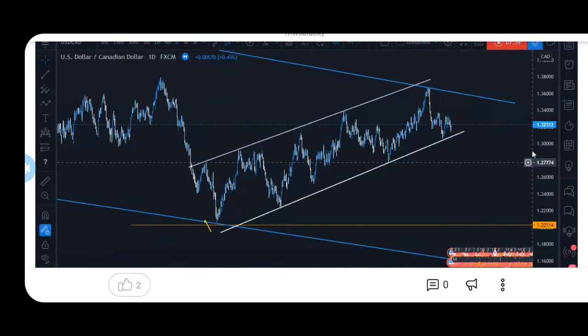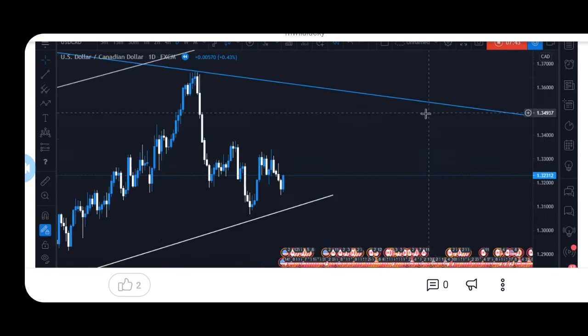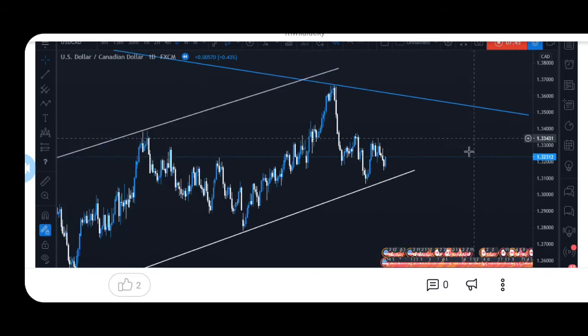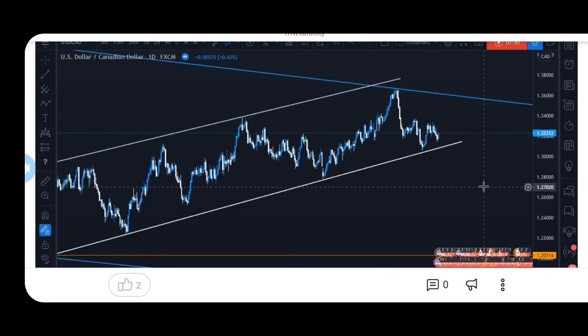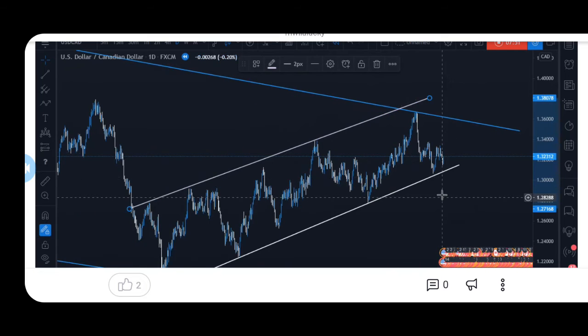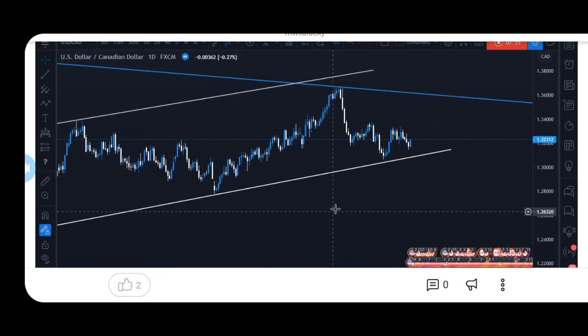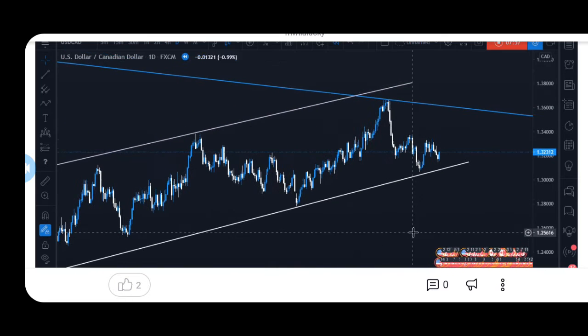Okay, so right now, if I zoom in, already I'm spotting something here. This is very good. I'm spotting something here, guys. This will be a very good entry. So this is USDCAD, guys.